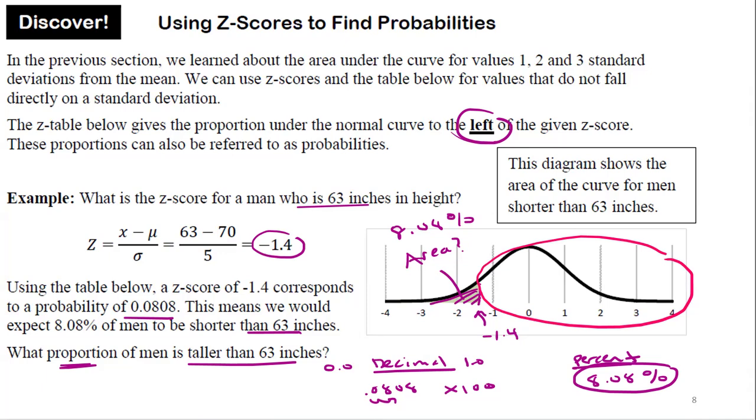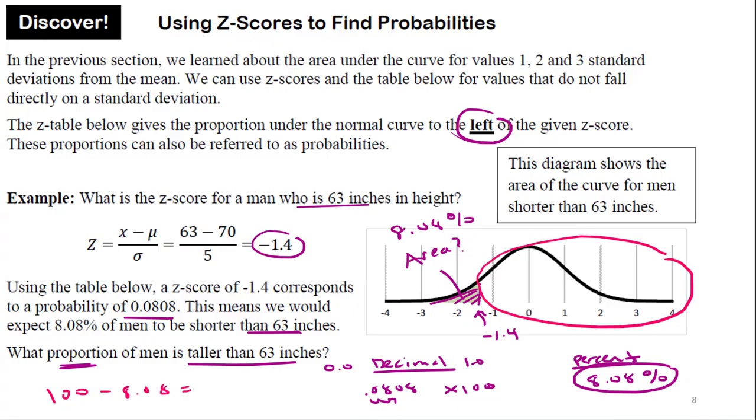Okay, so we know the whole thing is 100%, right? We know the whole thing on the normal distribution curve is 100%. And we already calculated to the left of negative 1.4. Okay, so that was 8.08%. So all we need to do is just subtract them. 100% minus 8.08%. Okay, all right.